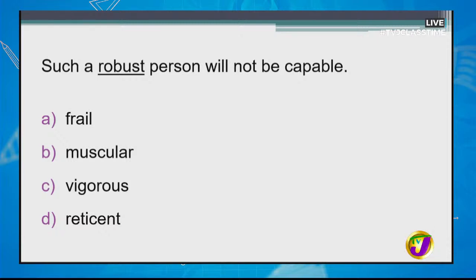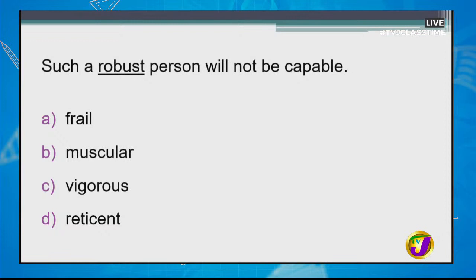Ready to think? All right. Now that you have an idea of what robust might be conveying, remember now we're looking at the opposite. So if robust conveys one idea, which one of these four, frail, muscular, vigorous, or reticent, would be the opposite of robust?